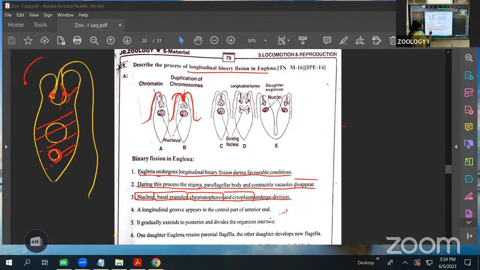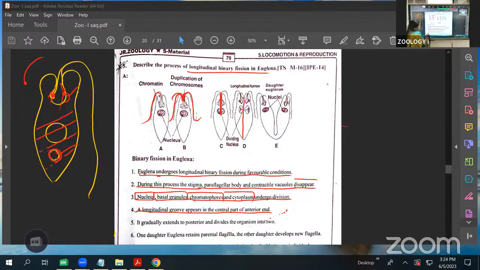After that, the nucleus also divides, and here a constriction appears. Constriction means a longitudinal groove appears. See this one. A longitudinal groove appears in the central part of the anterior end. That groove deepens and divides the Euglena into two daughter individuals.